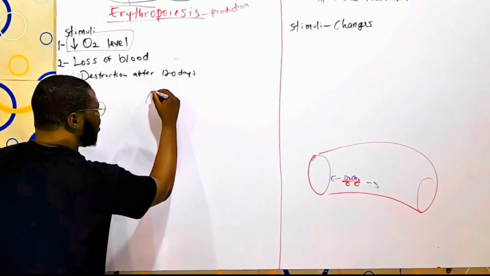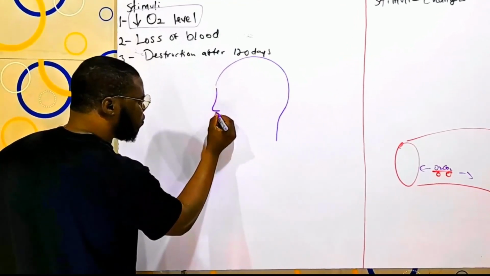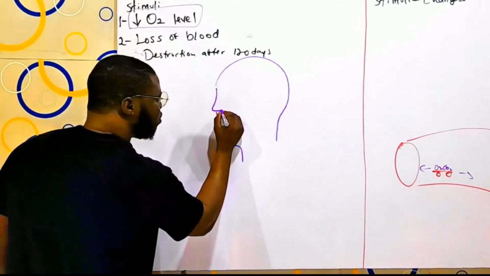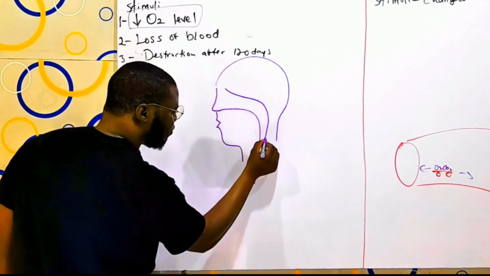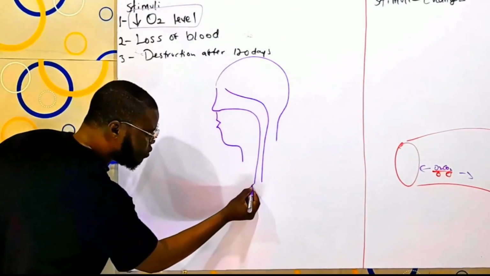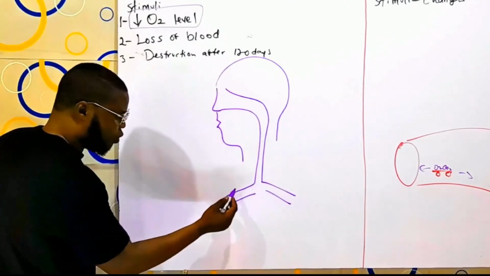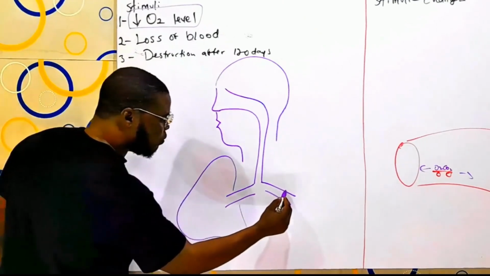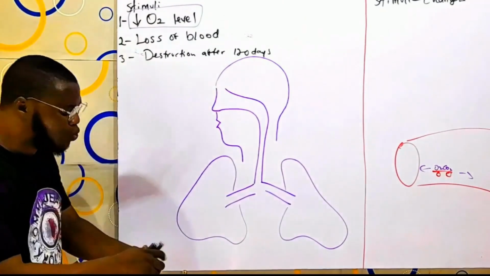We have someone right here. So we have the airways. Not to stress too much, let's bring in the bronchi. Anatomically, this diagram is wrong, but I'm only using it for illustrative purposes.